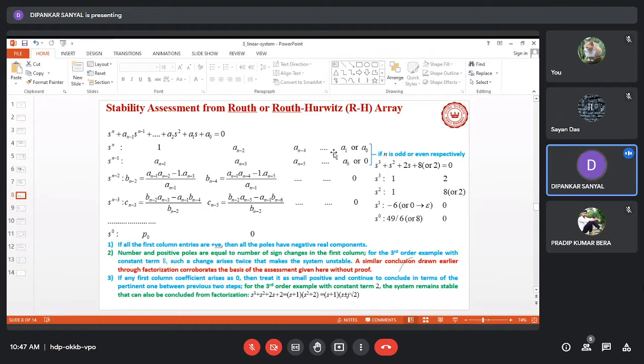So this is how these first two lines are formed, and clearly if n is odd, say if it is s cube, then it will be s square, next will be s, next will be a constant term. So it will involve the constant term if n is odd.